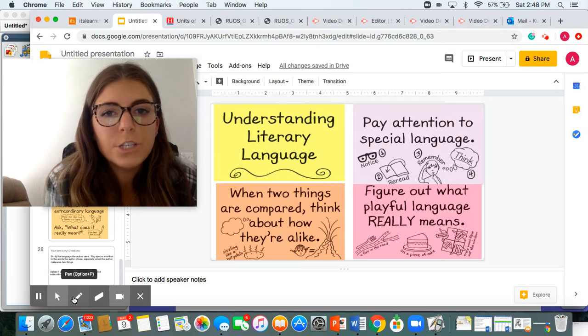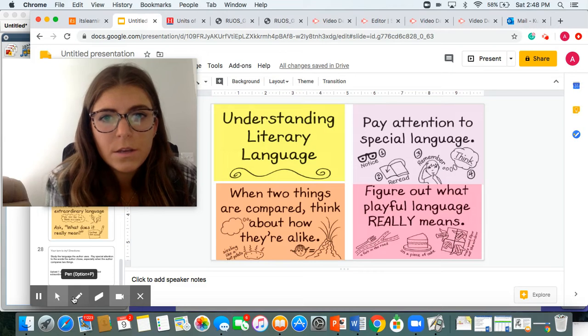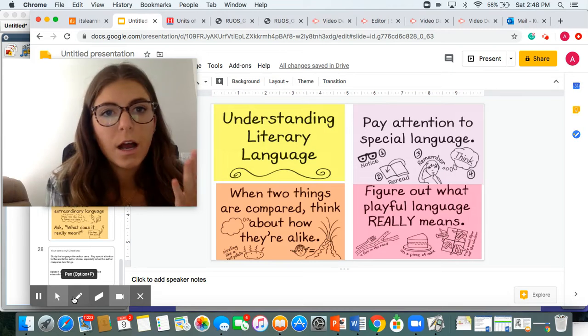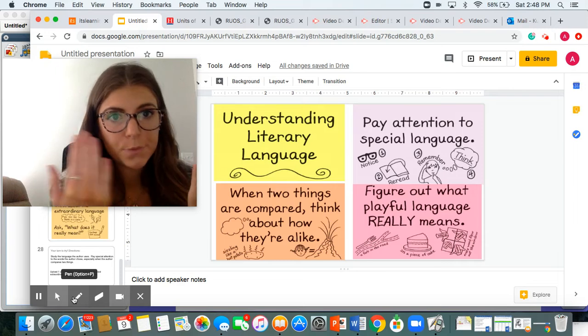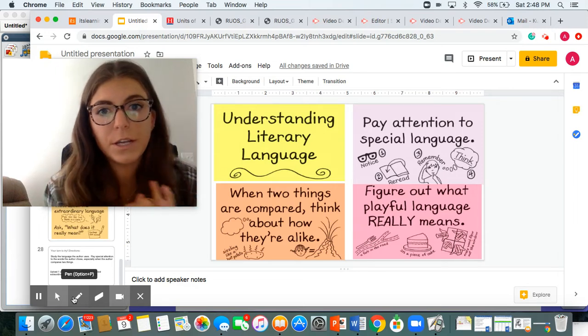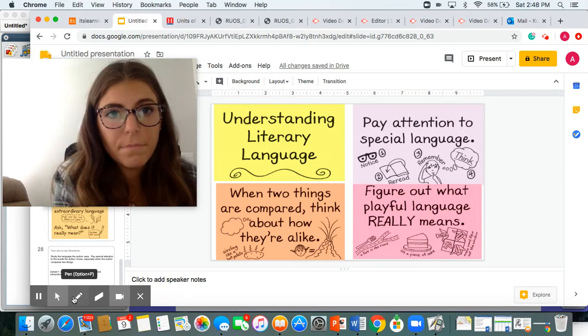The other strategy was when two things are compared, we think about how they are alike. So, let's say we are comparing a carpet to a peach. You would say the carpet is as fuzzy as a peach, and you think about how they're alike. Well, they're both fuzzy. So that is a comparison when you compare two things.